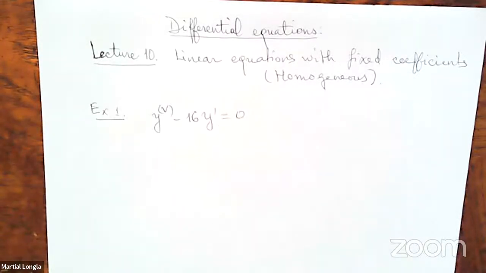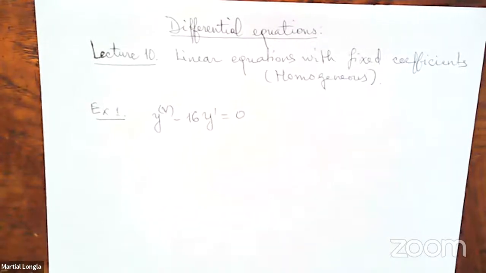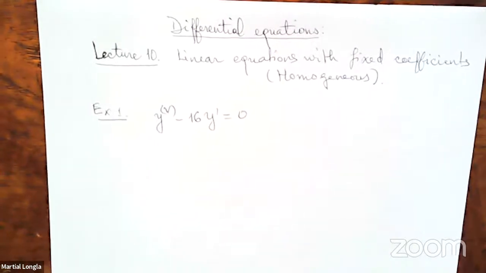So fifth derivative minus 16 times the first derivative equals 0. In this example, I'm going to show you how you handle the problem when you have an order more than 2.